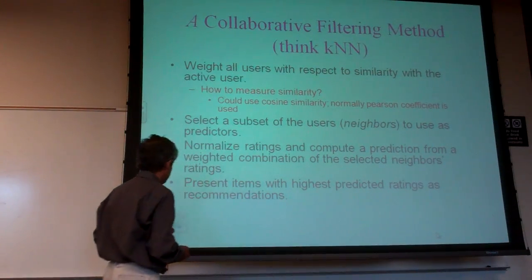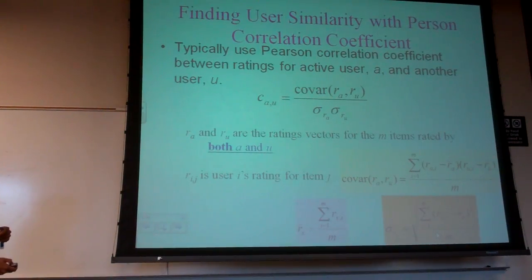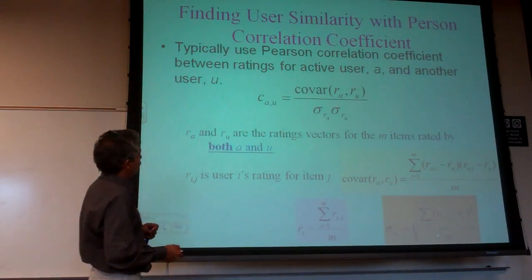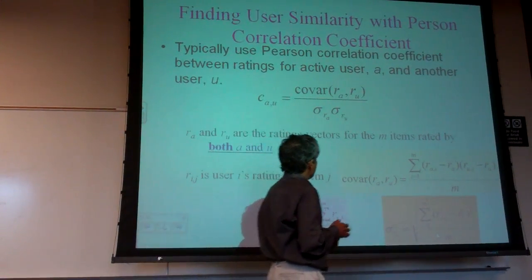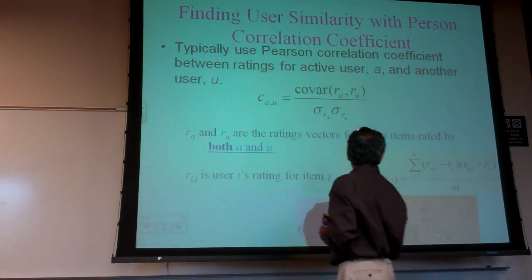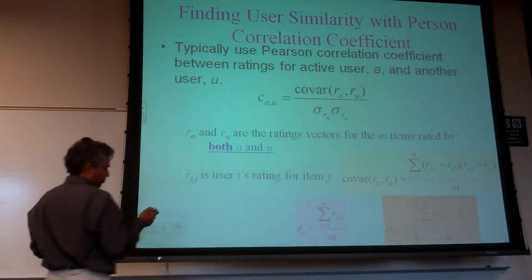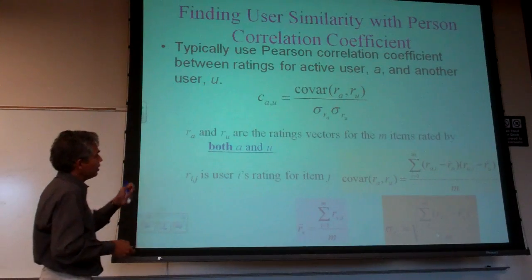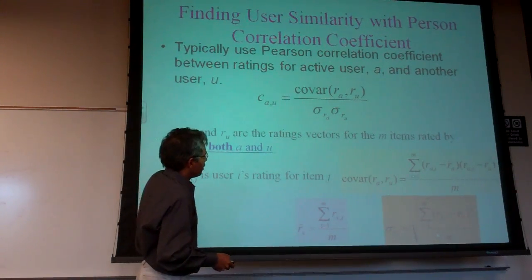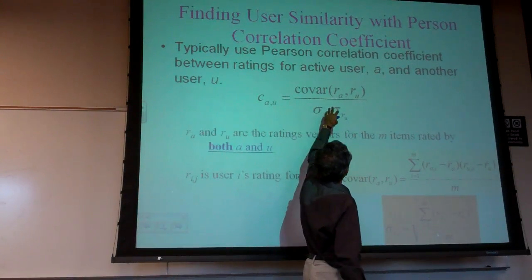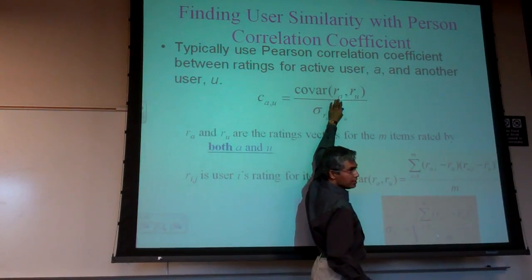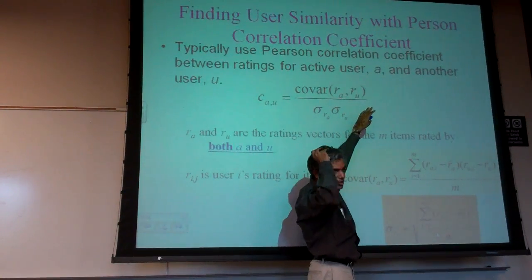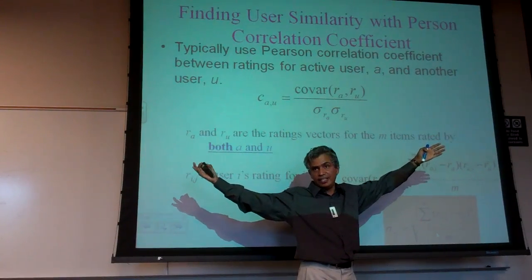That's what collaborative filtering is. So the idea of the Pearson correlation coefficient is, given the ratings vectors, the covariance of the rating vector of, let's say, active user A. Each user is represented in terms of their ratings over the items.